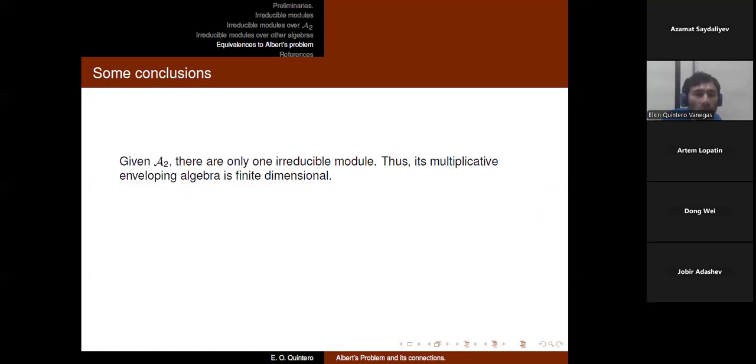And some conclusions are the following. If we have the zero algebra of dimension 2, we know that there is only one irreducible module, so its multiplicative enveloping algebra is finite dimensional.